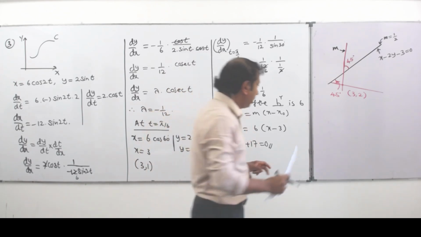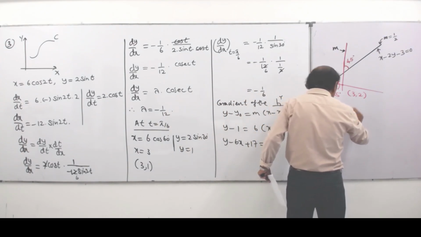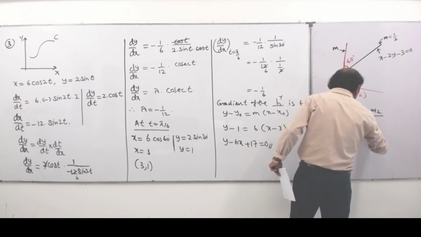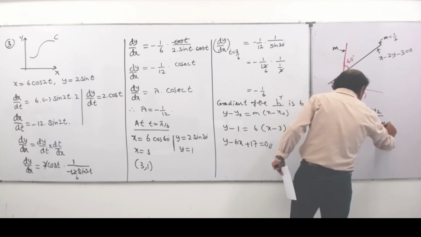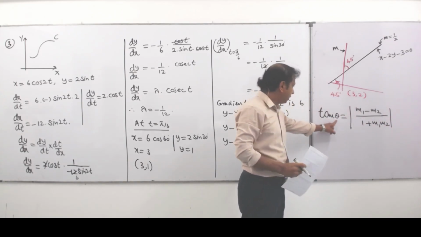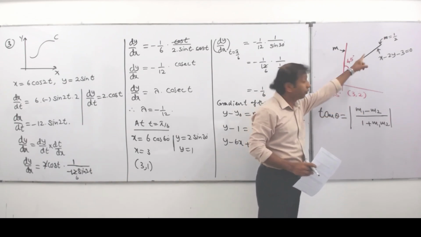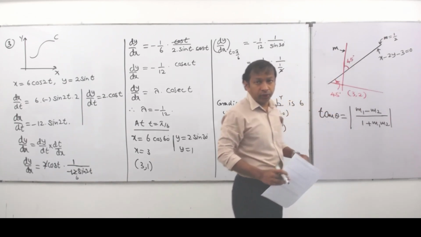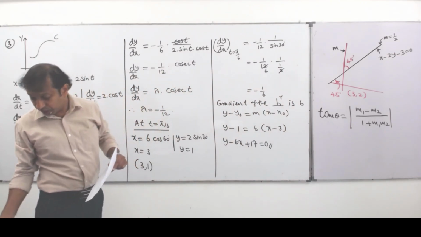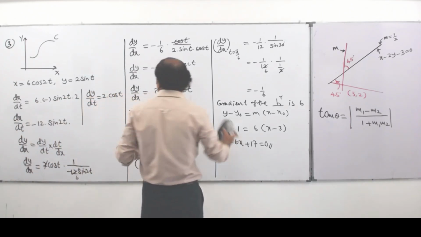That is given by this formula, no? tan theta equals (m1 minus m2) divided by (1 plus m1 m2), as we learned in the straight line lesson. Using this formula, our theta is now 45. Suppose m1 is this m, and m2 is half. Then we can calculate two answers for m, because there are two such lines.